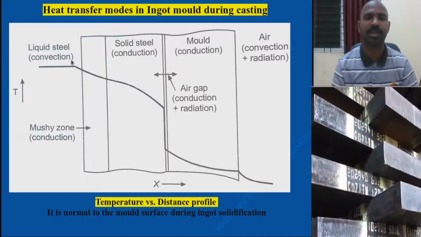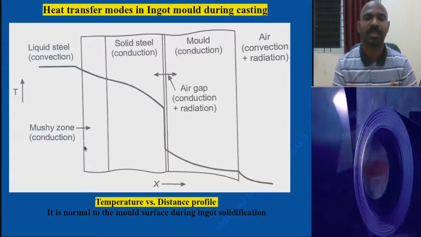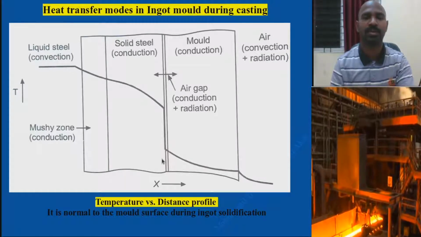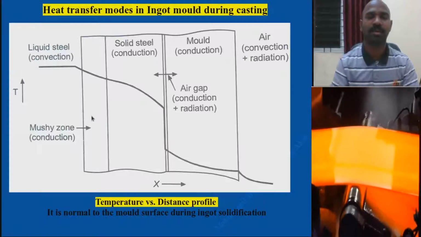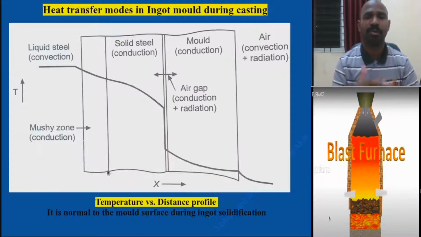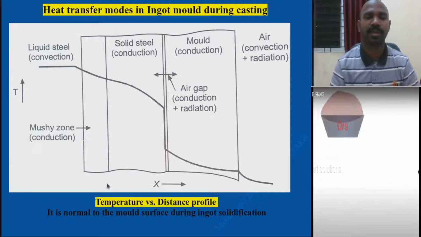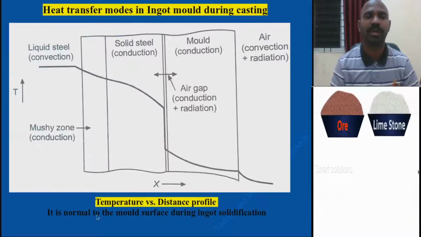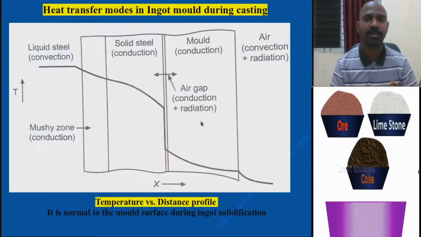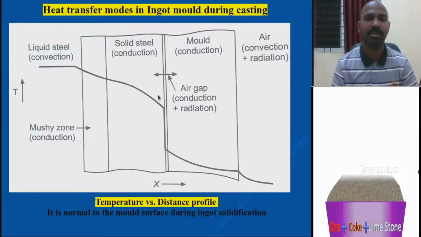This particular graph can also be analyzed. This is the highest temperature, and the temperature comes down. This is the wall of the mold, and as you go to the other end, the distance of the mold, you can define and understand heat transfer.